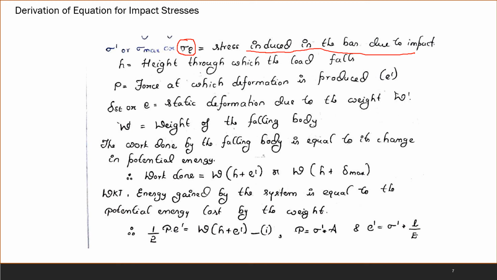All right, now again, as we have seen before, the total work done by the falling body is equal to the change in potential energy, isn't it? Since we are dropping a load, we have a load here. This is a cantilever beam, and this load is falling from a height h.